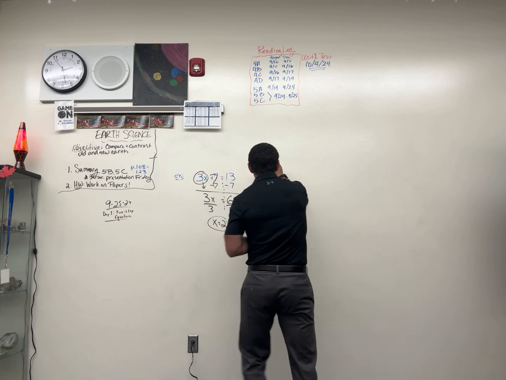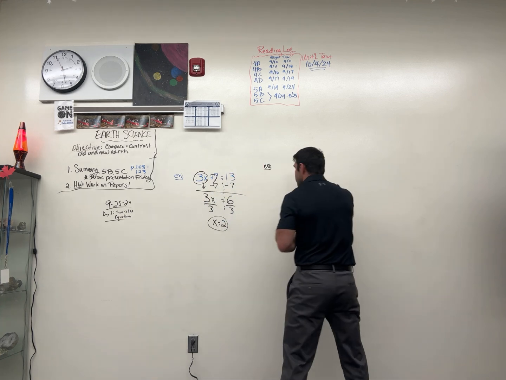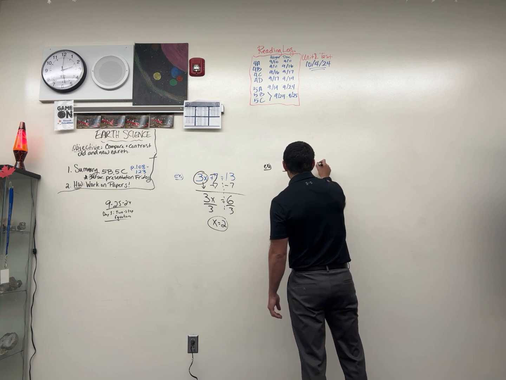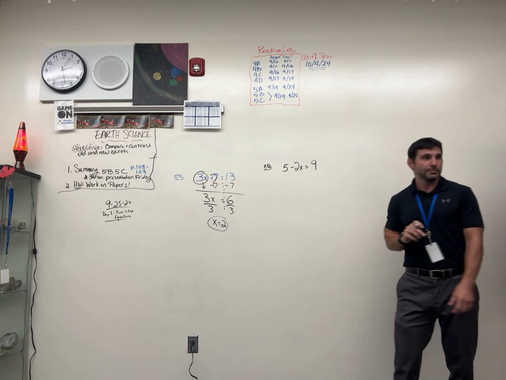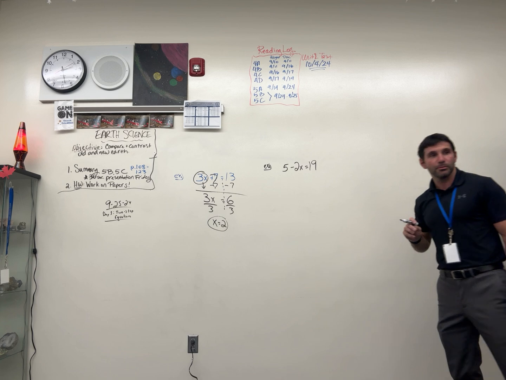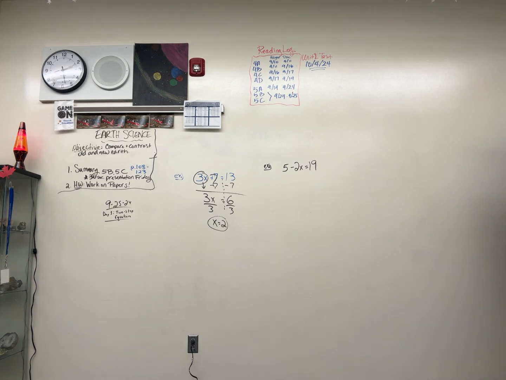Example 2. 5 minus 2x equals 19. Actually, let's make that 19, just because I don't want the same number. So first step, always, always, always, what are we doing?